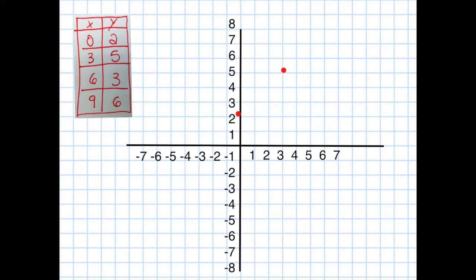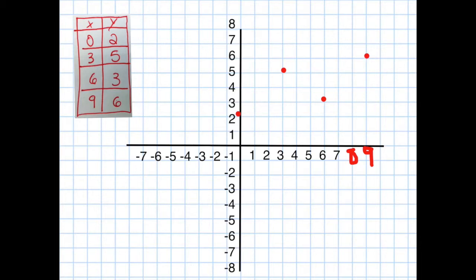The next one we're going to go in 6, 3, so 1, 2, 3, 4, 5, 6, up to 3. And then the last one is actually a little way off. This would be 8, and then 9 over here. We're going to go all the way to 9 on the x and then up to 6. So 9 and then up to 6.